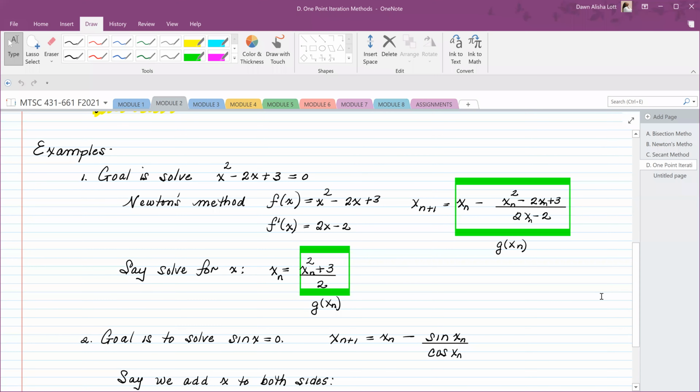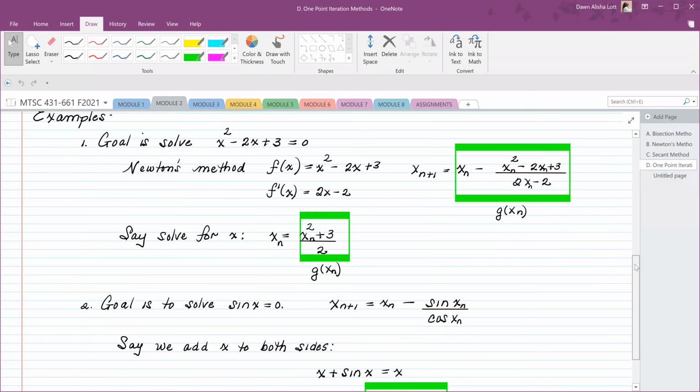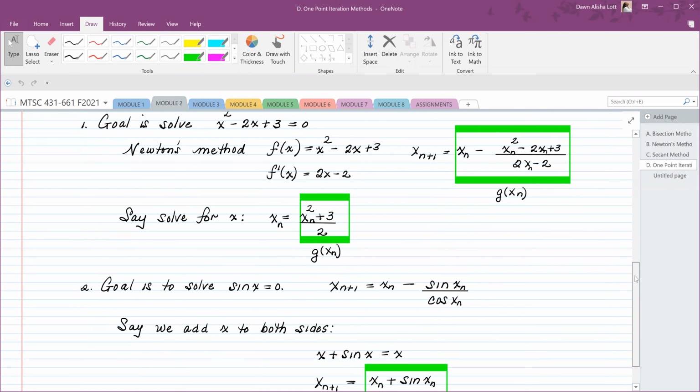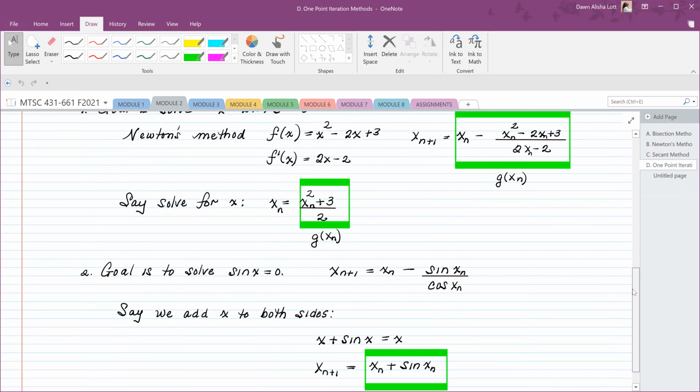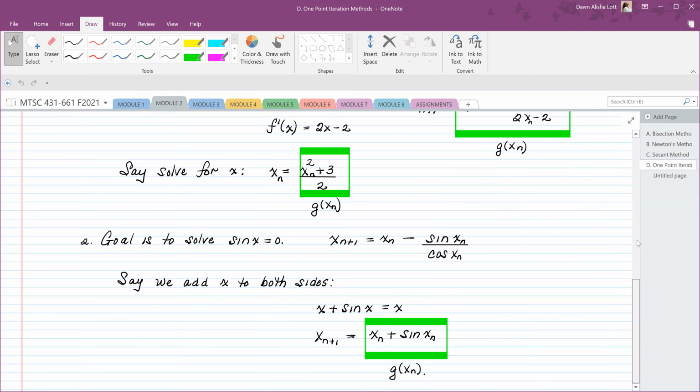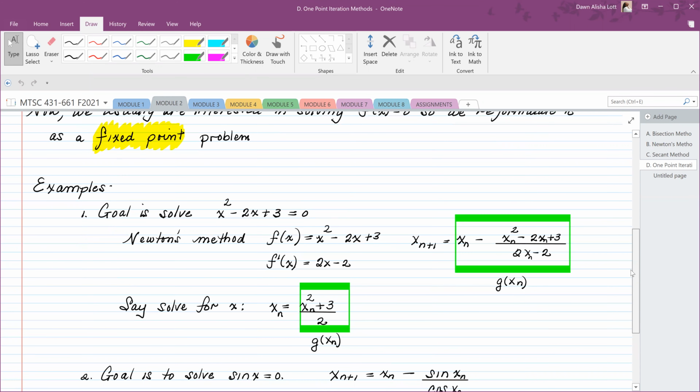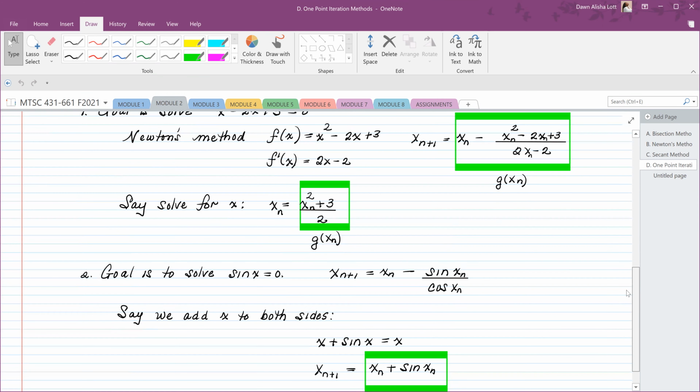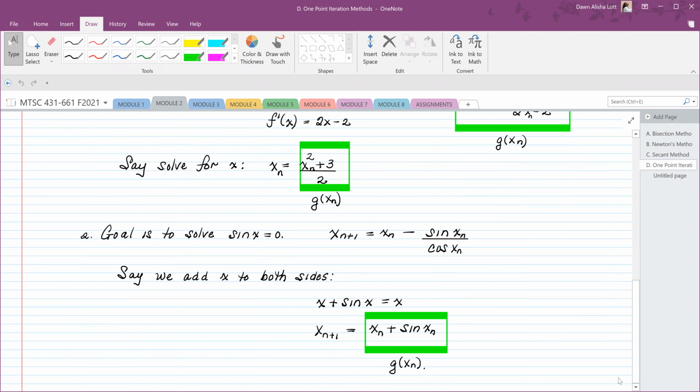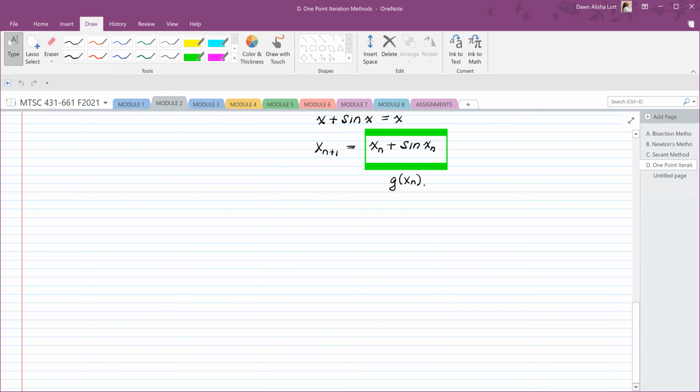There are other methods we could have used as well. We did Newton's method, which was the first way. The second way was we just solved for one of the x's. And the third way, we just added an x to both sides. Okay, so I was just getting ready to do a lemma.